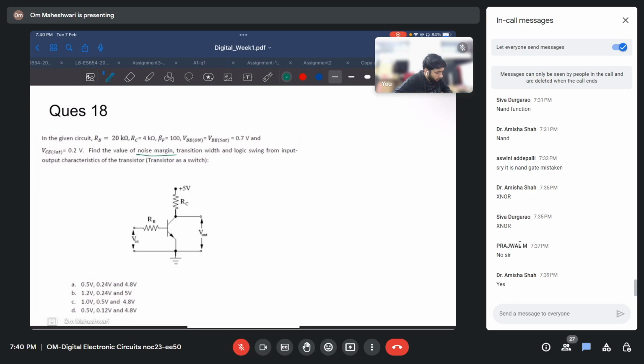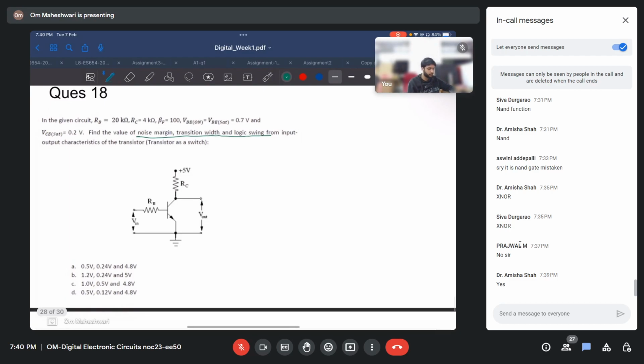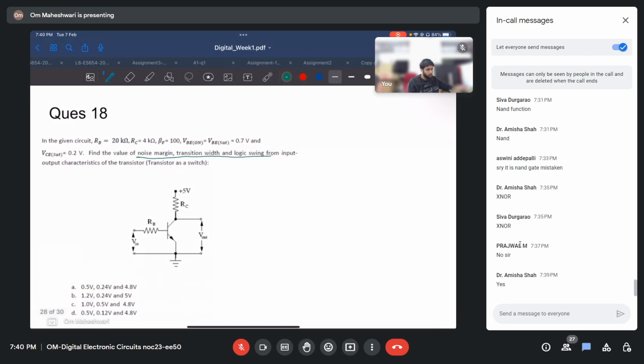You have to find the noise margin, transition width, and logic swing. We'll see what these are first. There are two things, VIL and VIH.